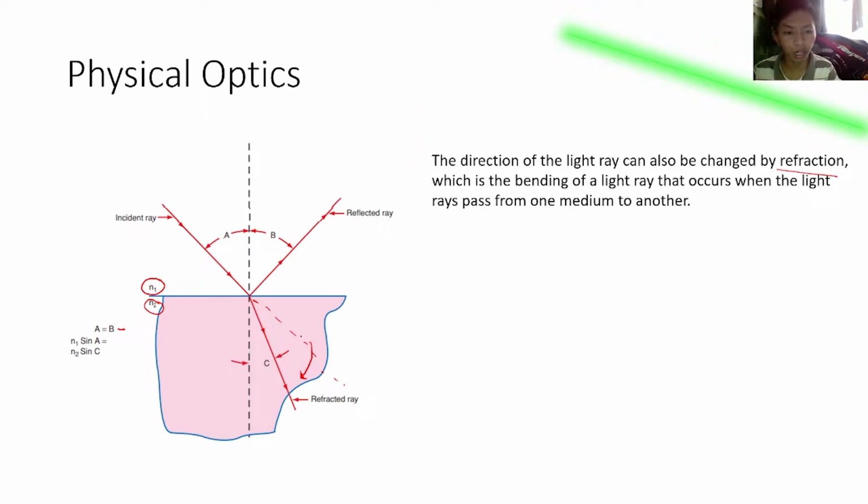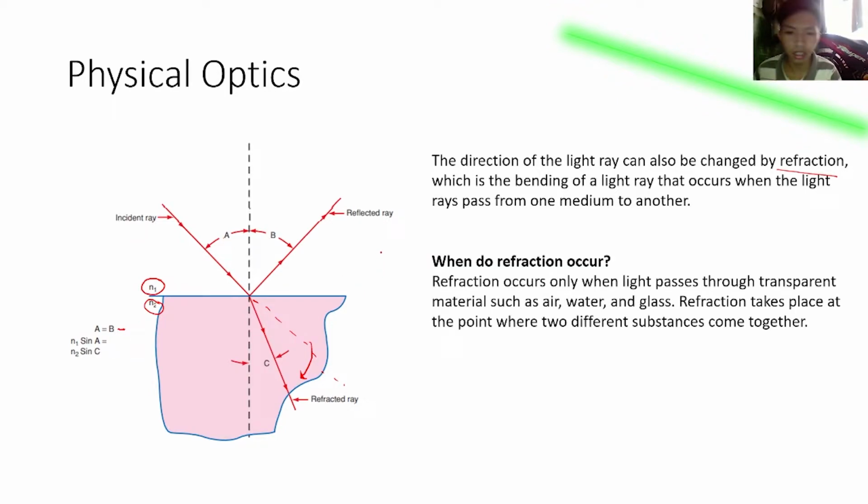Of course, this is governed by Snell's law. Okay? So when does refraction occur? Refraction occurs only when the light passes through transparent materials such as air, water, and glass. Refraction takes place at the point where two different substances come together.